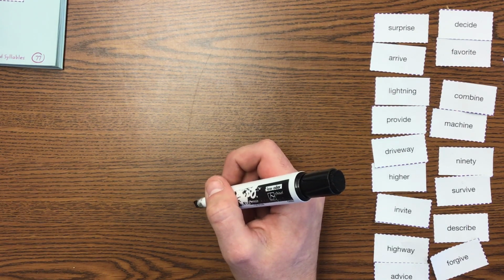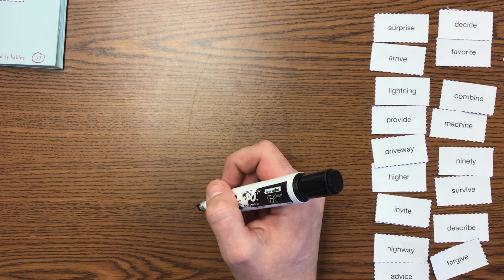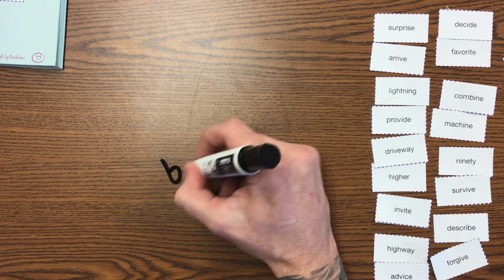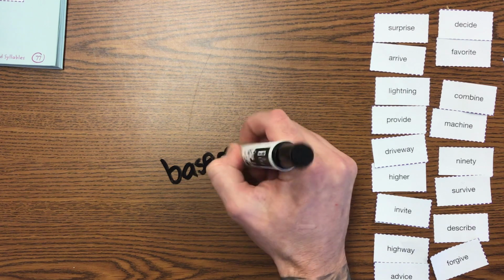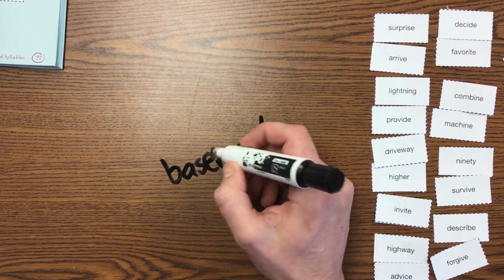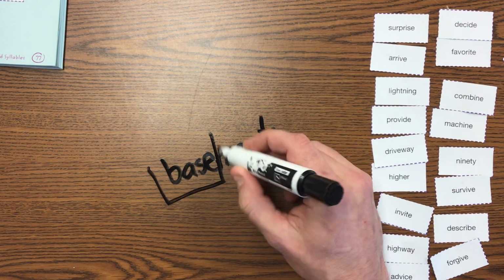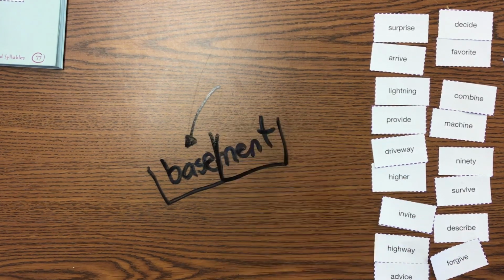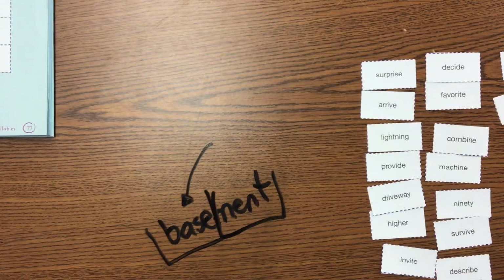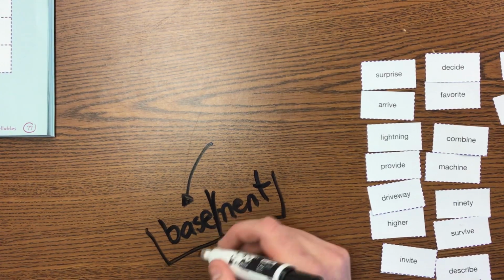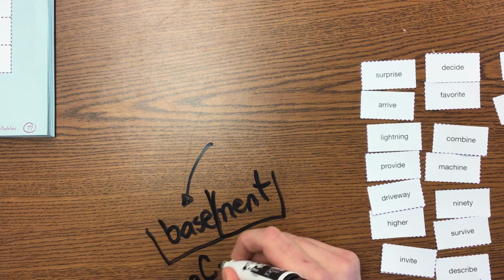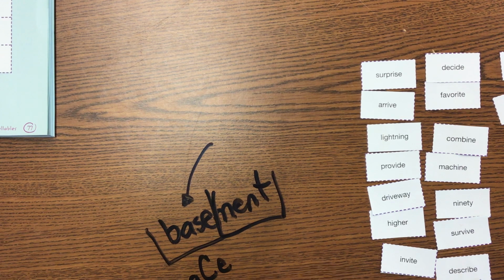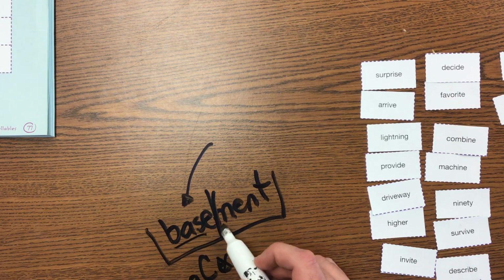I'm trying to think of a word where it would have that in the middle. Here's one from last week, basement. Okay, base, ment, two syllables. The long A falls in the first syllable. Now, if you look at this, I have my A, consonant, E, but I still am not pronouncing that E. It's basement.